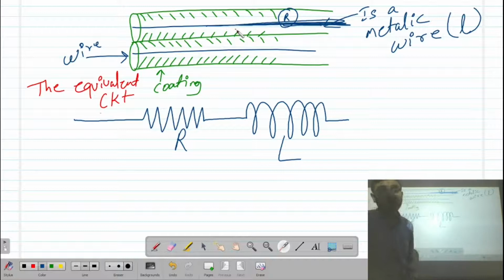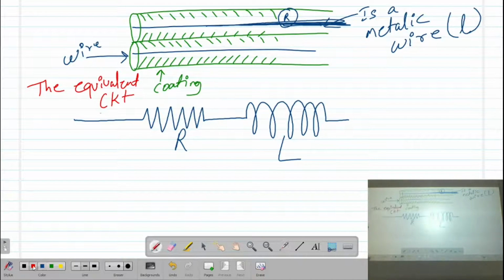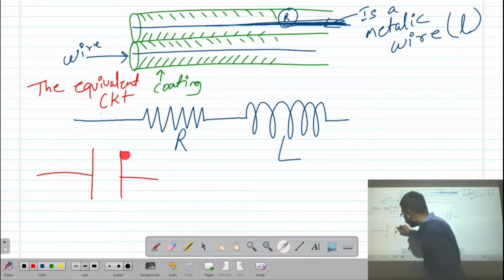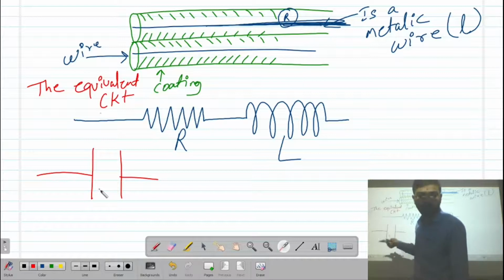If you know the structure of a capacitor, this is the symbol of a capacitor, where two conducting plates are separated by a dielectric medium.